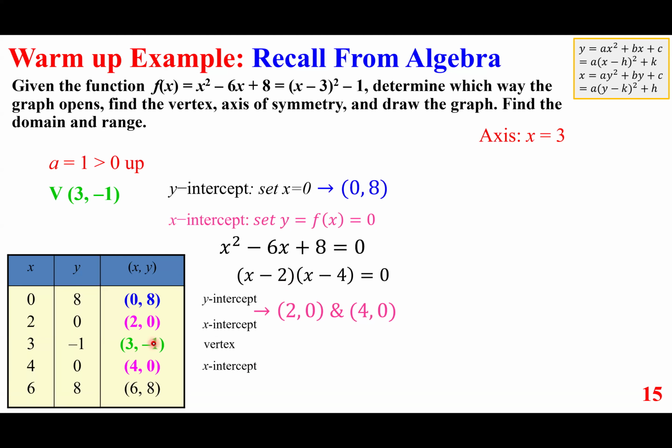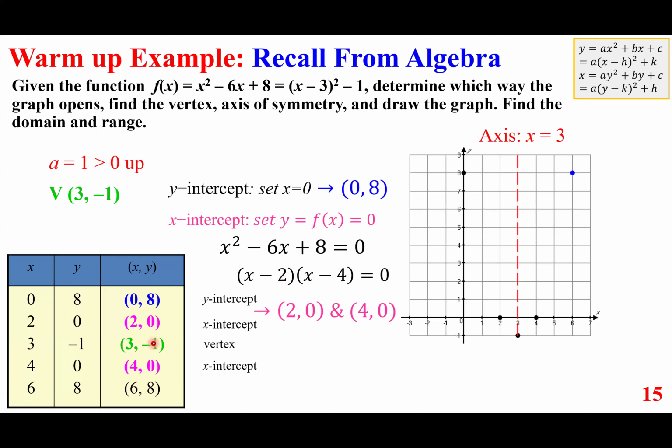So we're going to graph this, and we are going to put the vertex at 3 comma negative 1. We're going to put the y-intercept at 0, 8.